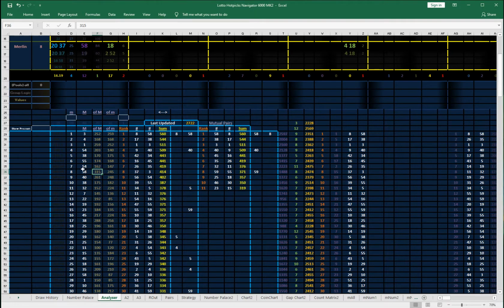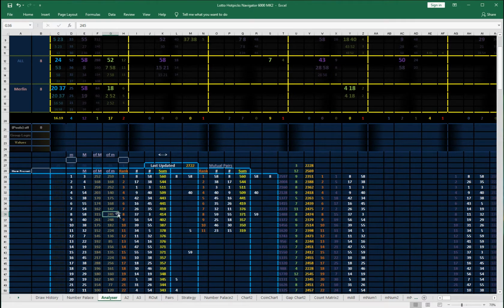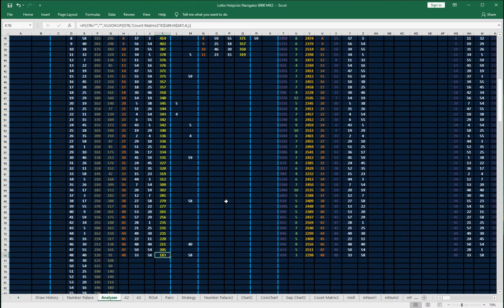And then if we look at the value of 8 on 58's chart, then it's 245. And so what we do is we add those two numbers up and get 560. And if we do that for every pair, we get a different sum for each pair.